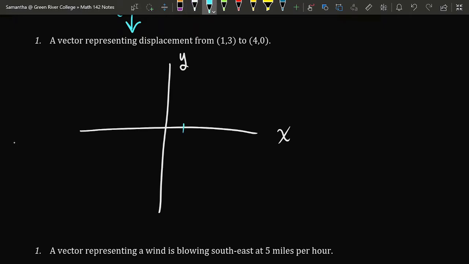Instead, I think what I'll do is plot the two different positions, 1, 3 and 4, 0. And I'm just going to draw the arrow that stretches from the initial position toward the final position. This yellow arrow would be the vector representing this movement, this displacement.